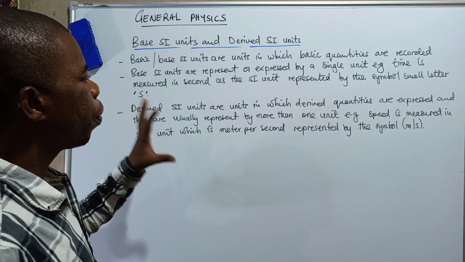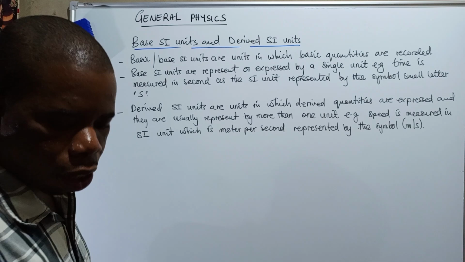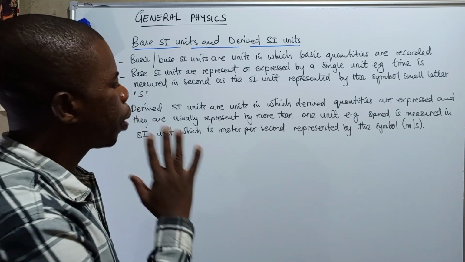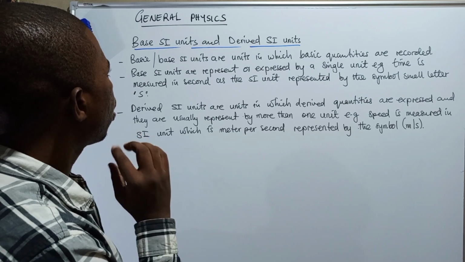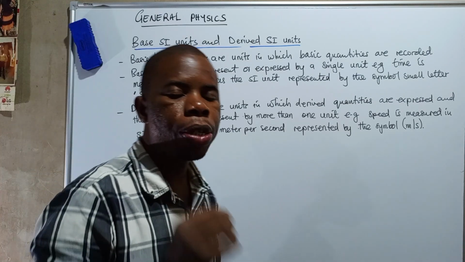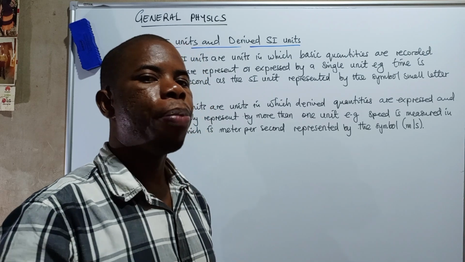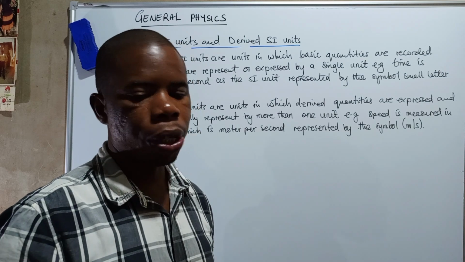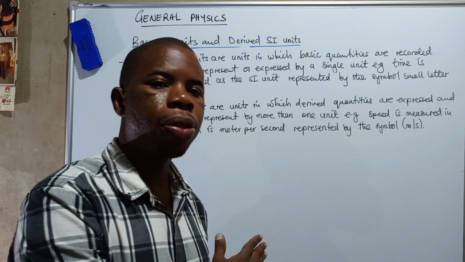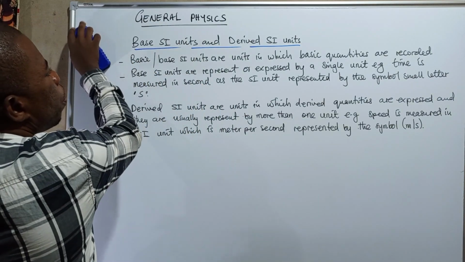So it is very, very important that you understand this. Now, let me give you a table which is going to show you base quantities, their SI units, and then derived quantities and their SI units, including the symbols, because once you master this table then you will be home and dry.